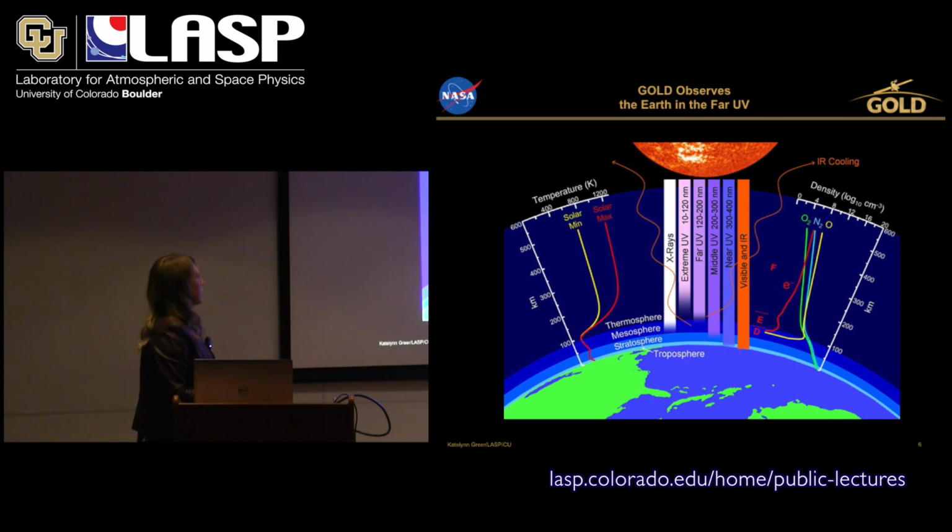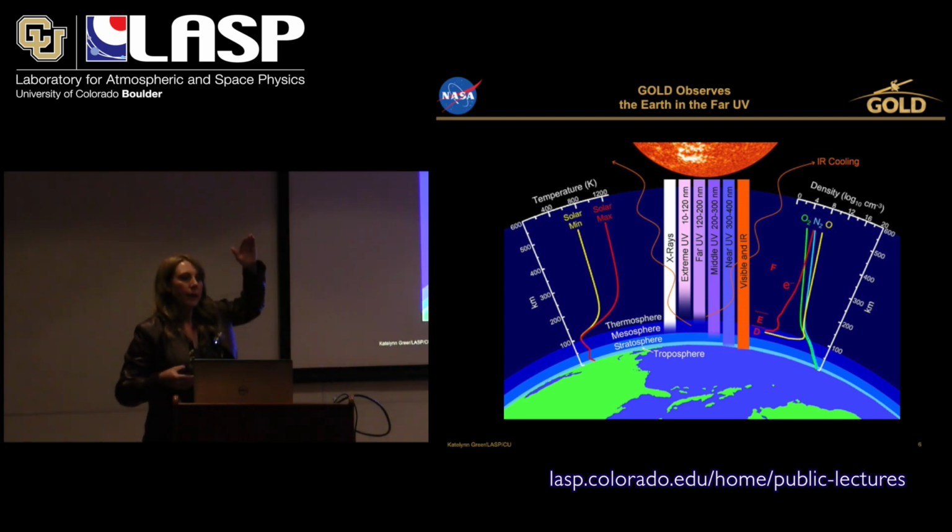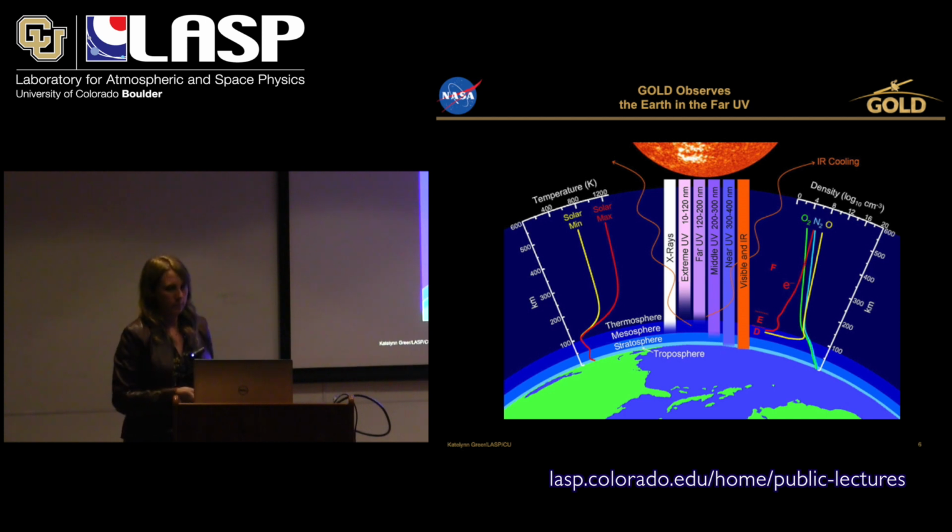Another reason that we're interested in the far UV, which I probably should have mentioned, between 120 to 200 nanometers, is that these wavelengths are opaque in the lower atmosphere. So when we look at it from outer space, we have a nice dark background, so that we can only see the upper atmosphere.